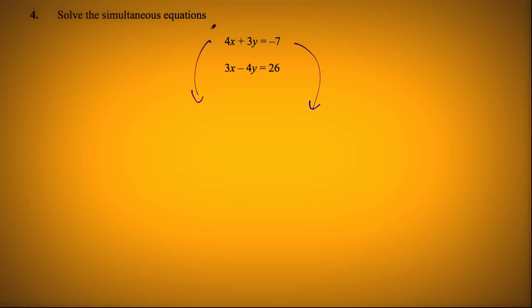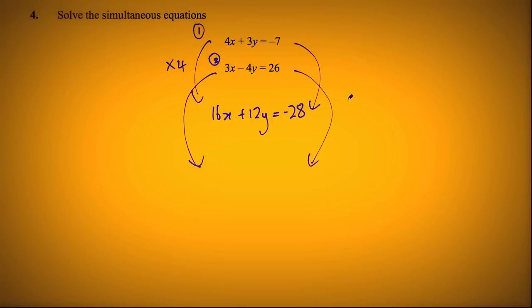So I'm going to take this first equation, equation 1, and multiply it by 4 so that I end up with 12y. That gives me 16x plus 12y equals minus 28. And I'm going to take equation 2 and multiply it by 3 again so that I end up with minus 12y. So that's 9x minus 12y, and 3 26's is 78.